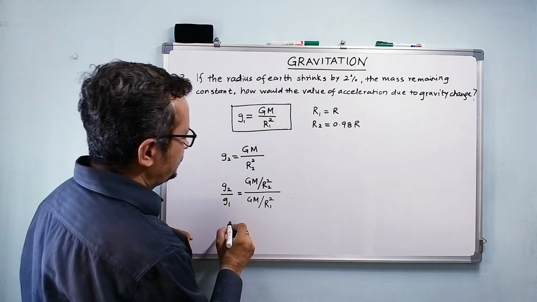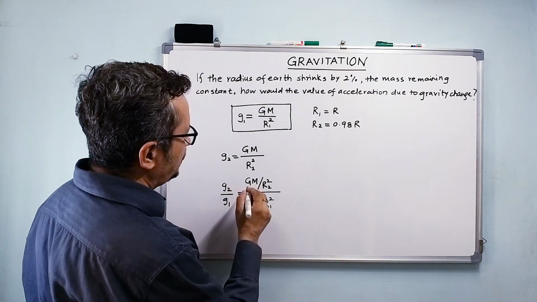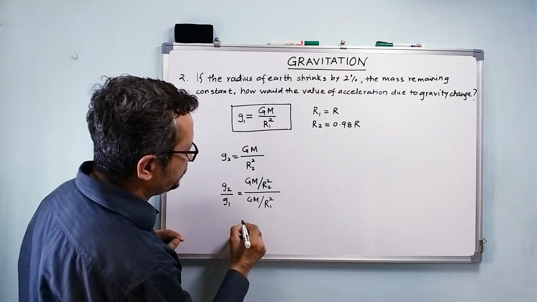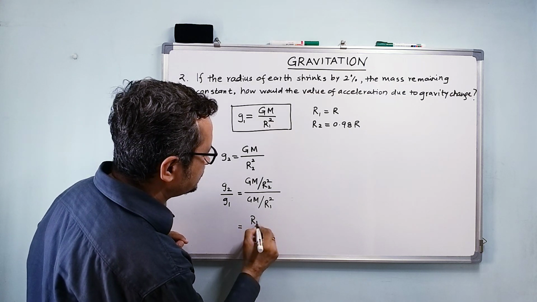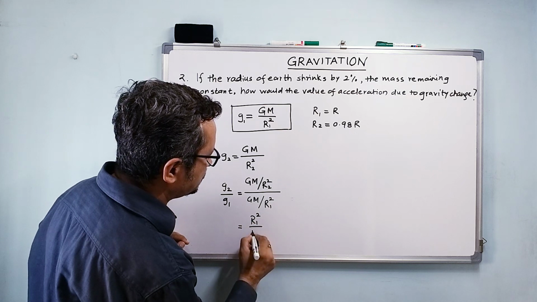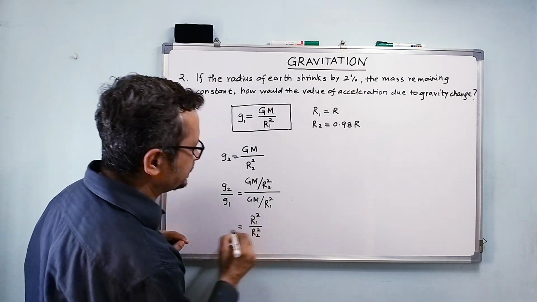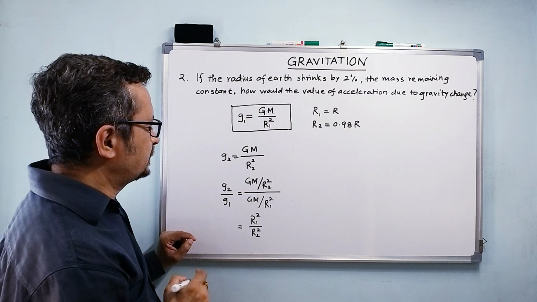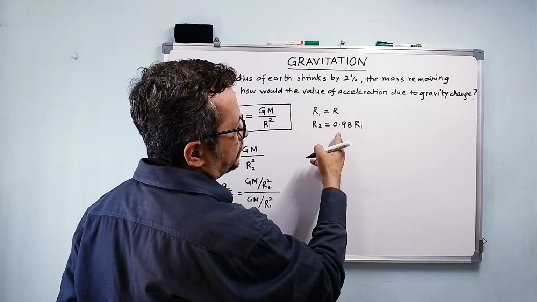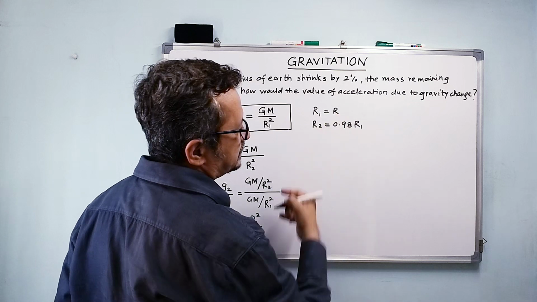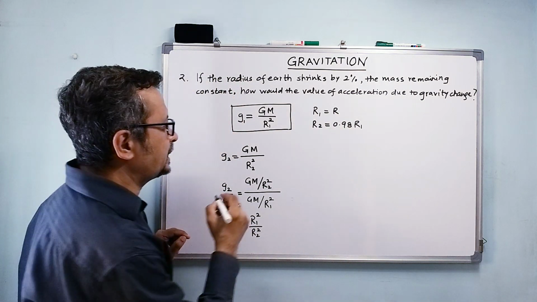Now my GM and GM are going to get cancelled. So it is going to be R1 square upon R2 square, right? So now what is my R2? R2 is 0.98 times R1, correct?